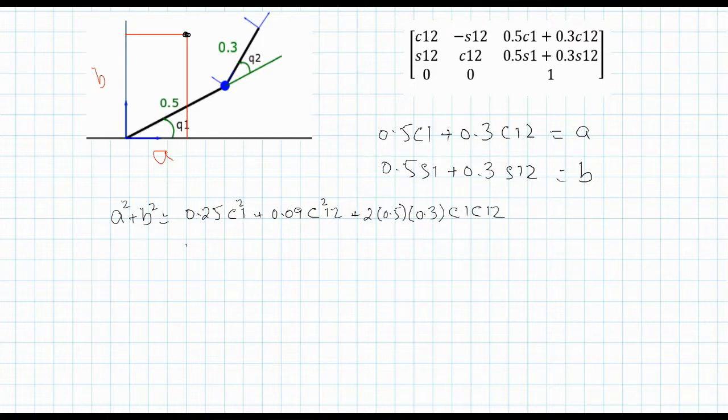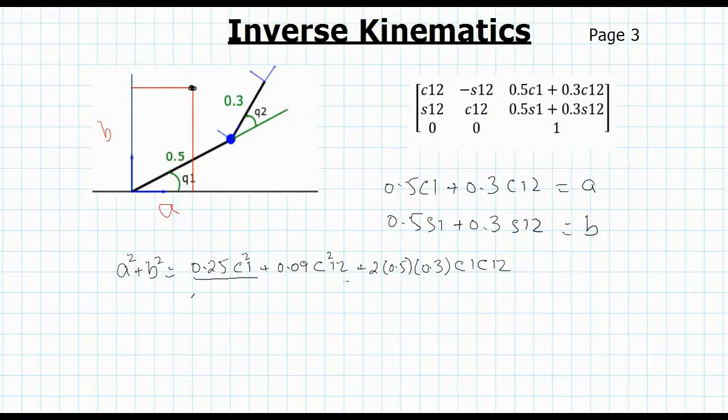So we are finished with the first. And for b squared we have 0.25 s1 squared plus 0.09 s12 squared plus 2 into 0.5 into 0.3 s1 s12.